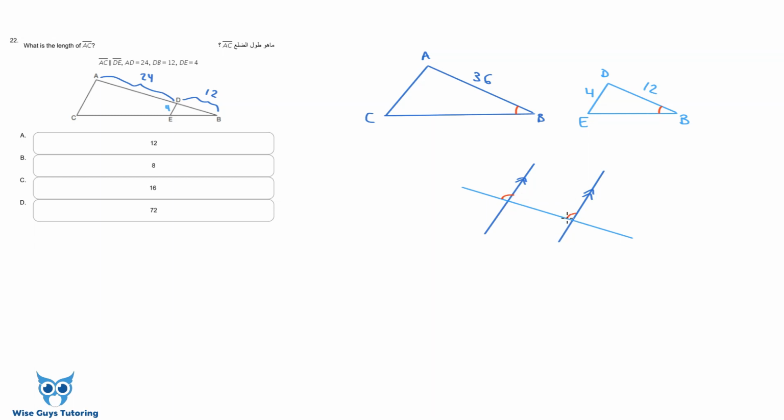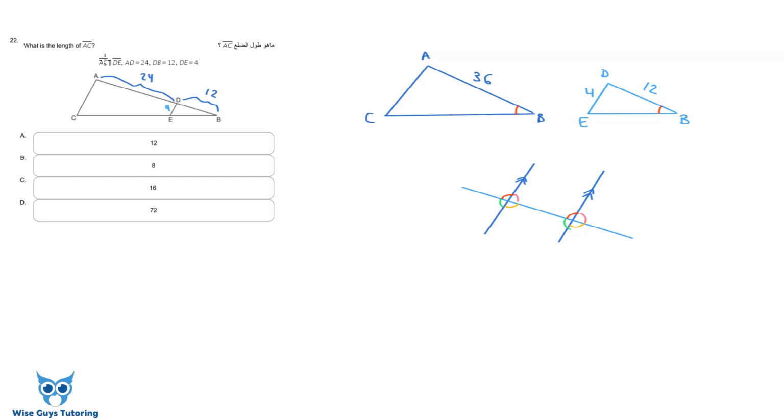So corresponding means this angle is equal to that one, and this pink guy is equal to this pink guy. So it's like a same seats sort of situation. Where you are at the intersection, they will be equal. So like this guy here will be equal to this bottom right one, and this left one will be equal to this left one.